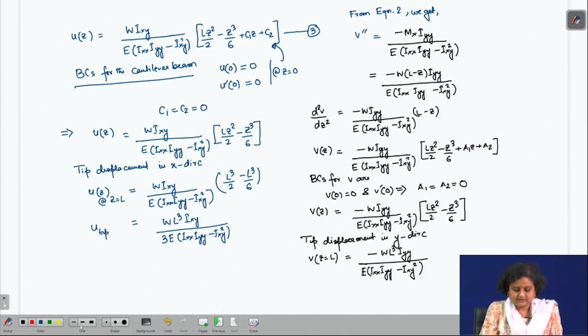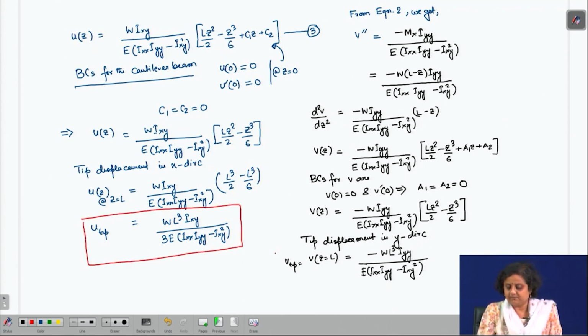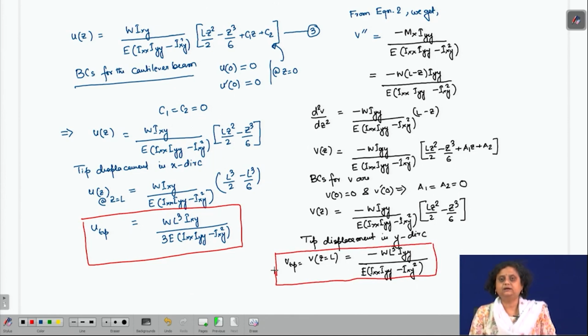This can actually be written as V tip. So these are the two expressions that I get. I get u tip, that is the tip displacement in x direction, and I get v tip, which is the tip displacement in y direction.